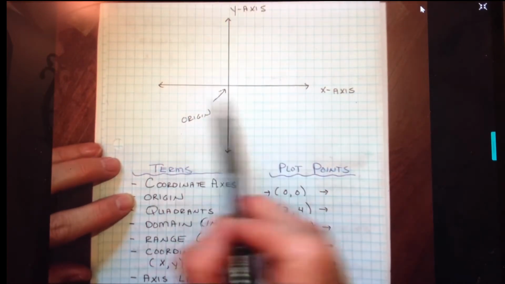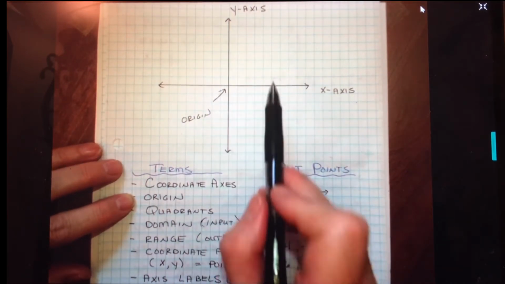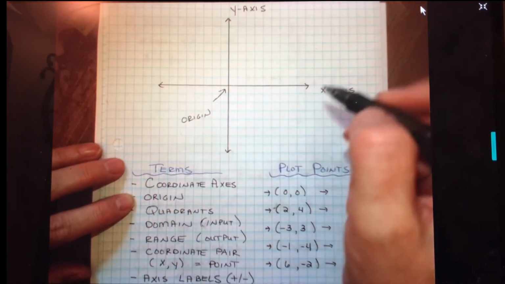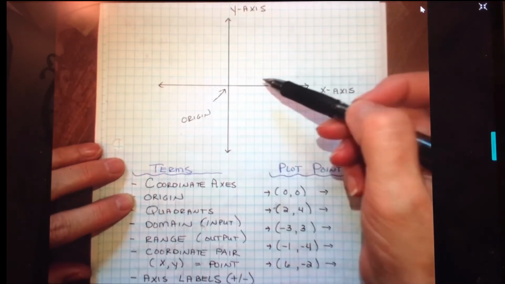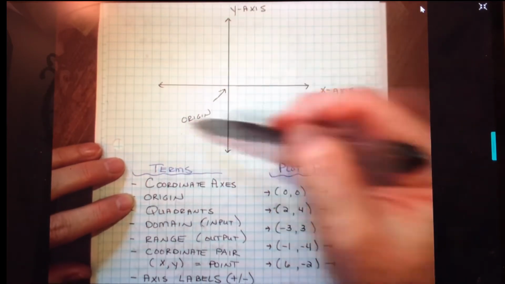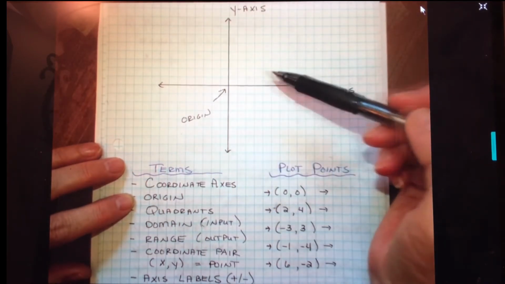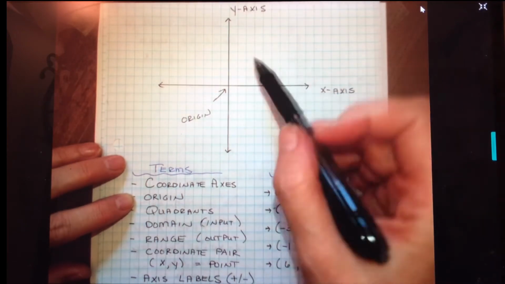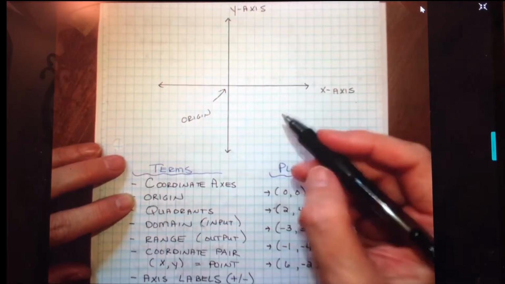When we take these two axes and intersect them, we divide this coordinate plane into 4 quadrants. You don't necessarily need to understand this for college algebra about how we label these quadrants, but in other math courses, for example, trigonometry, this would become important. But I'm going to label them either way.